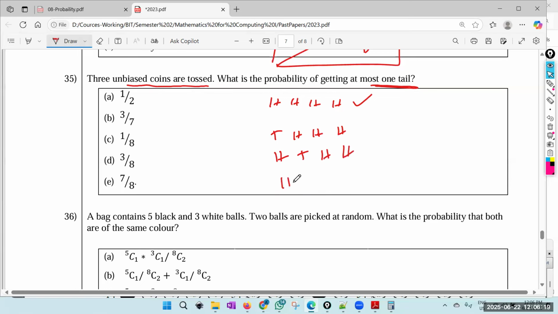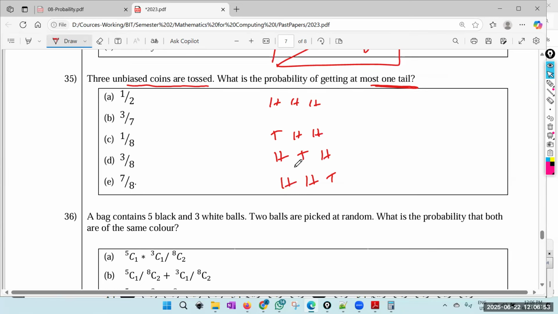It's three unbiased coins, right? Sorry, it's three unbiased coins. I think you have considered 4. Yes, sorry, 3, 3. That makes it even simpler. Right. So this is one possibility that satisfies this. This is another possibility. This is the last possibility. So in these 4 possibilities, we have at most one tail, not more than one.